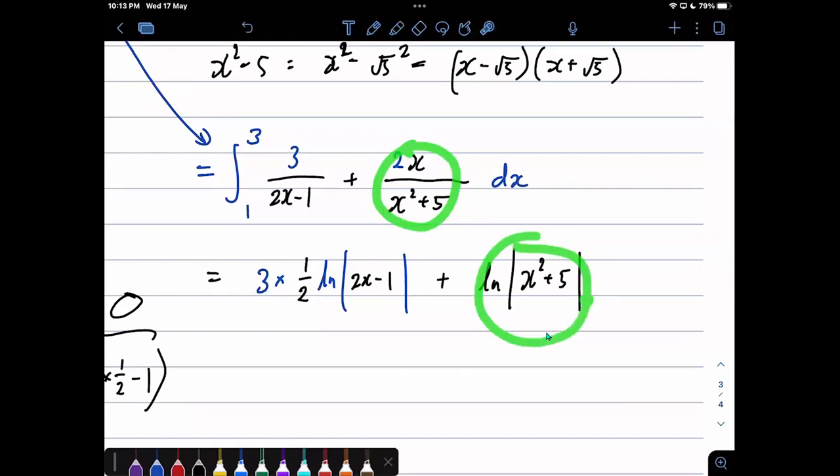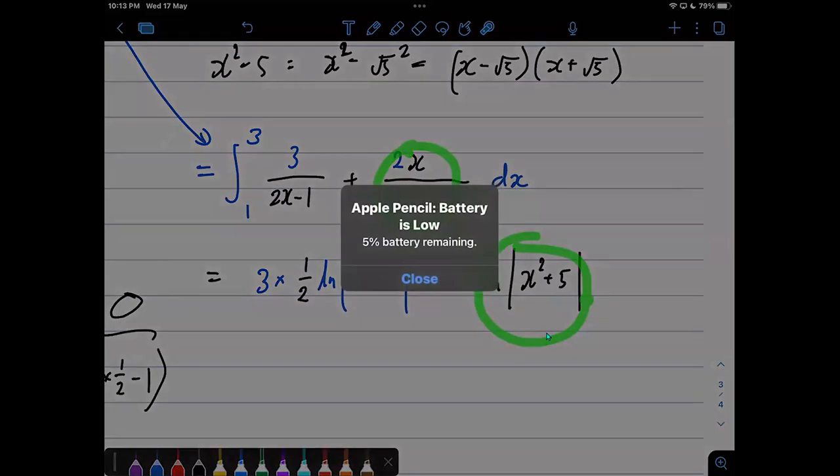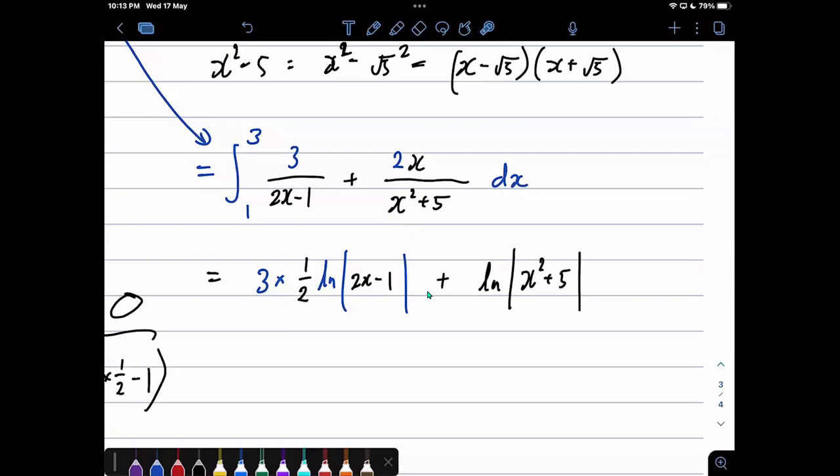Can you see why? How do you check whether your integration is correct? Differentiate. Yes. Ln modulus, but then just ignore the modulus sign first.